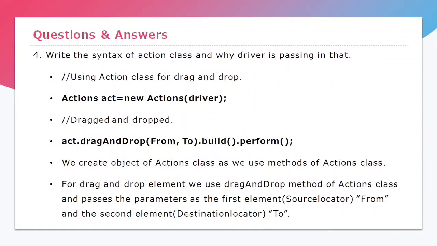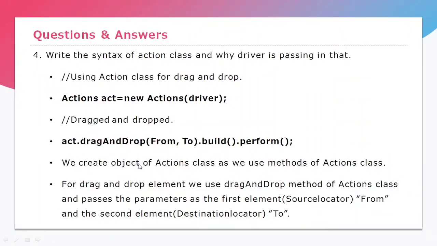So this is the syntax of the Actions class. We create objects of the Actions class as we use methods of the Actions class. We are using the methods of this Actions class, so in order to use that, we have to create an object of the same. So we have created act as an object of the Actions class, and using that we are accessing the methods, that is act.dragAndDrop(from, to). This is the syntax for the corresponding Actions class.